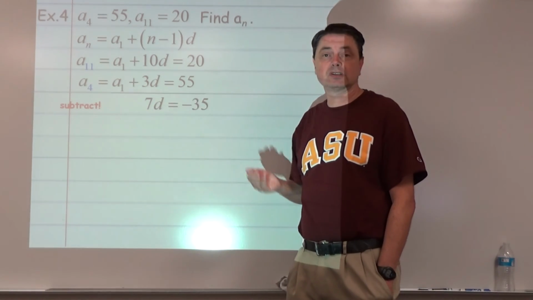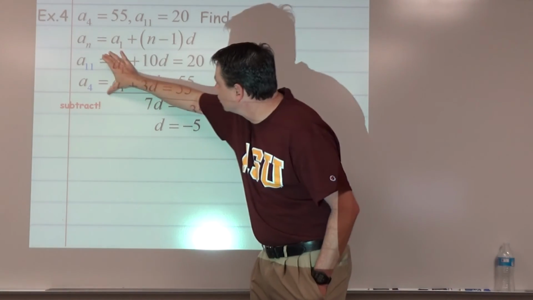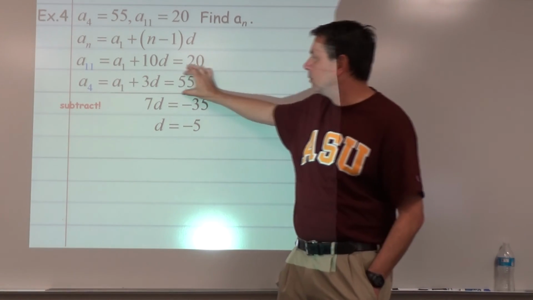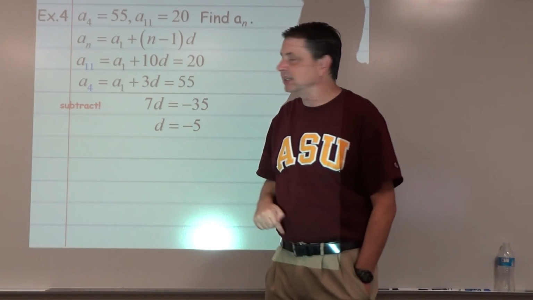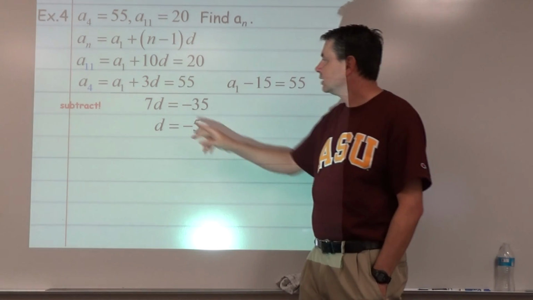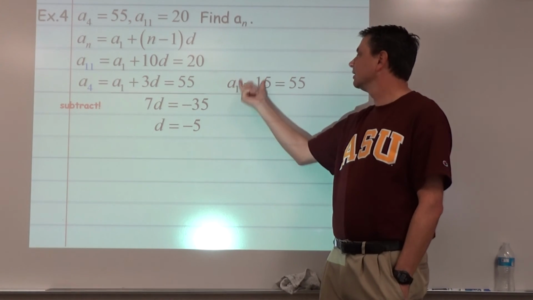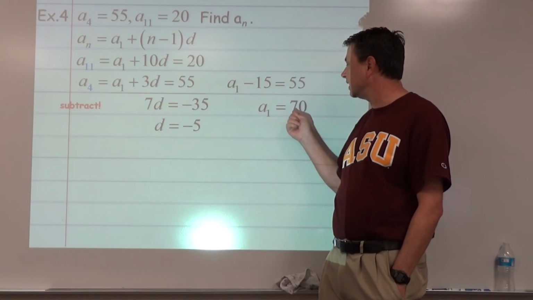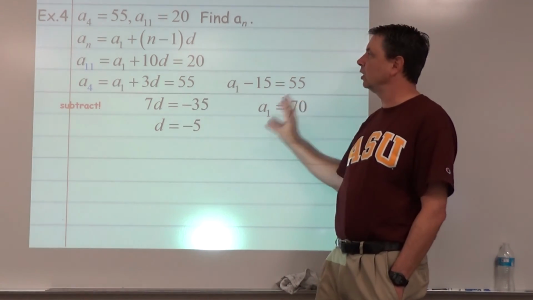Solve for d. Divide by 7. Now go back into one of these equations. I think I might choose this one. Substitute negative 5 for the d. We're going to solve for a sub 1. So positive 3 times negative 5 is negative 15. Let's add 15 on both sides. We got 70. We now know d. We now know a sub 1.